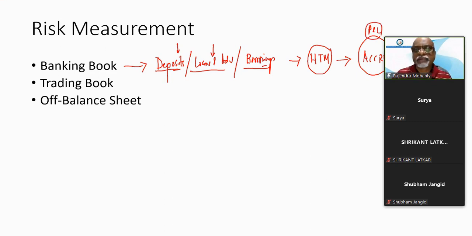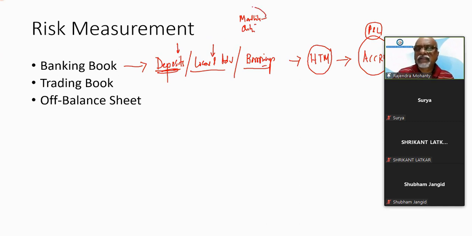Take a deposit. When will the deposit get the interest? Suppose there is a deposit where monthly interest is payable. In that case, we will debit the P&L account monthly and credit the depositor's account. Similarly, if it is quarterly, then quarterly it will be debited to P&L and given to the depositor.